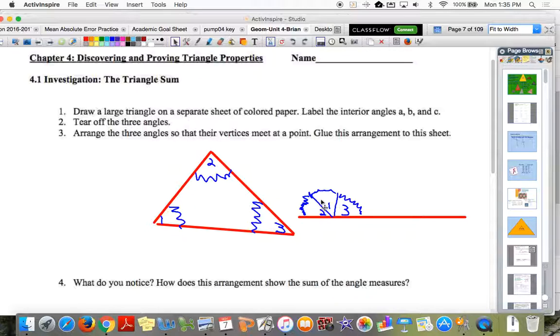What would happen with the three angle measures? As you probably suspected or knew, those three angle measures would form a straight line. So it's a linear group of three angles, and therefore all three of those angles together would be supplementary. All three of those angles would add up to 180 degrees.